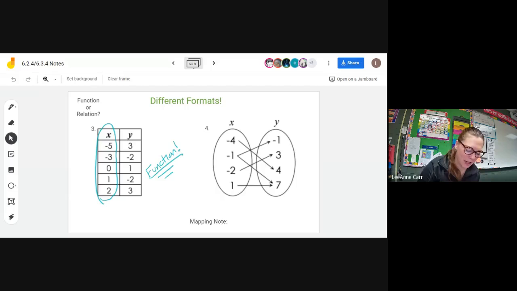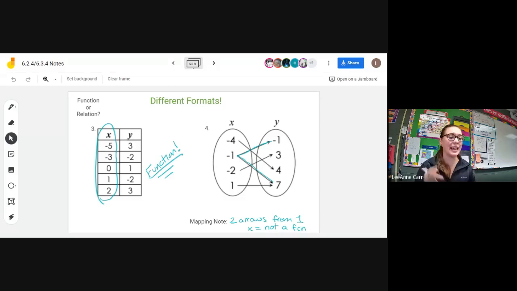If we look, -1 has an arrow going to 2 different values. If that happens, that means that -1 is being used twice. So for our mapping, if there are 2 arrows from one X, that means it is not a function.